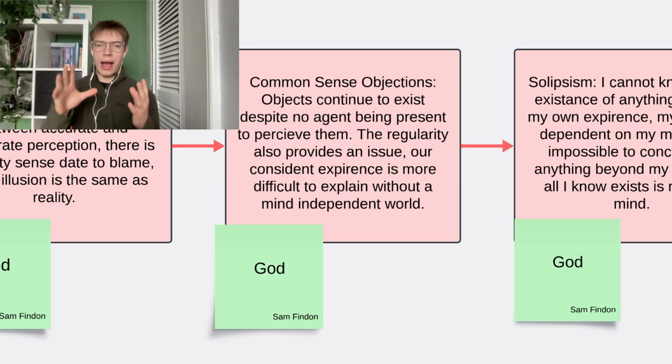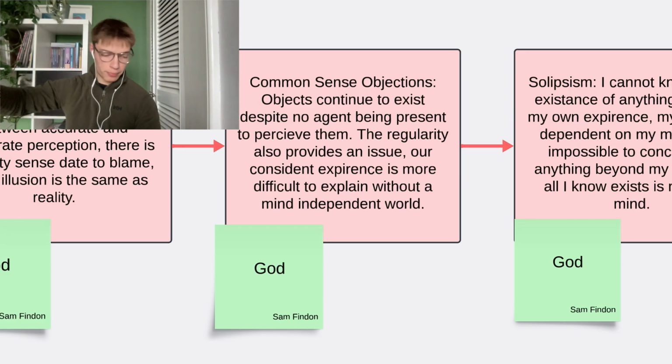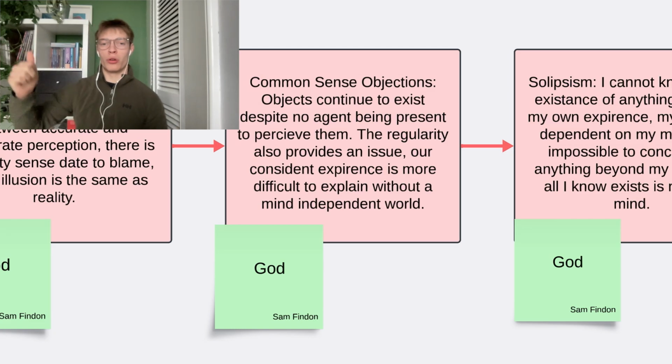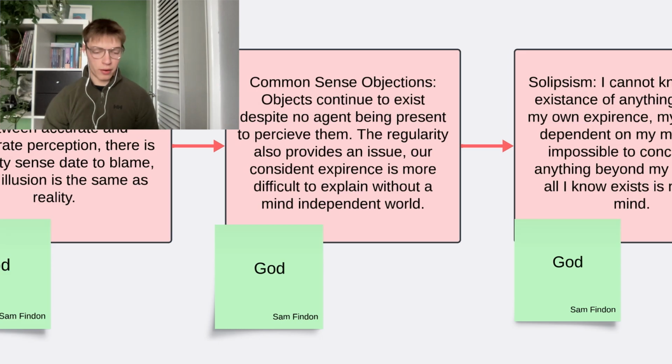And let's quickly explore how God solves all of these issues. Objects continue to exist when we're not perceiving them because God's perceiving them, because God perceives all things at all times. Perfect. Time and space existed before any human mind. Fine, we can accept that because God was perceiving it before any human mind. Solipsism. We have no reason to suppose that we're a brain in a vat or being controlled by an evil demon because God exists and God is the ultimate perceiver and all our perceptions originate with God.